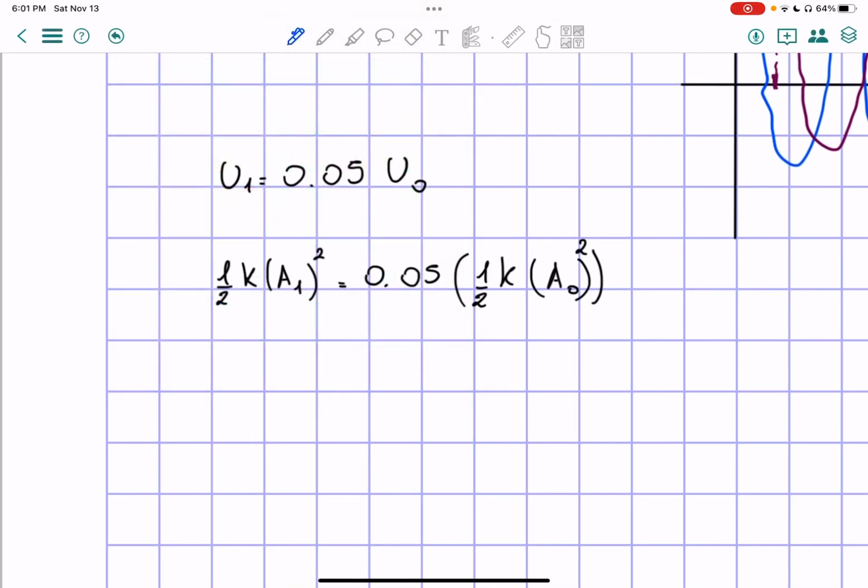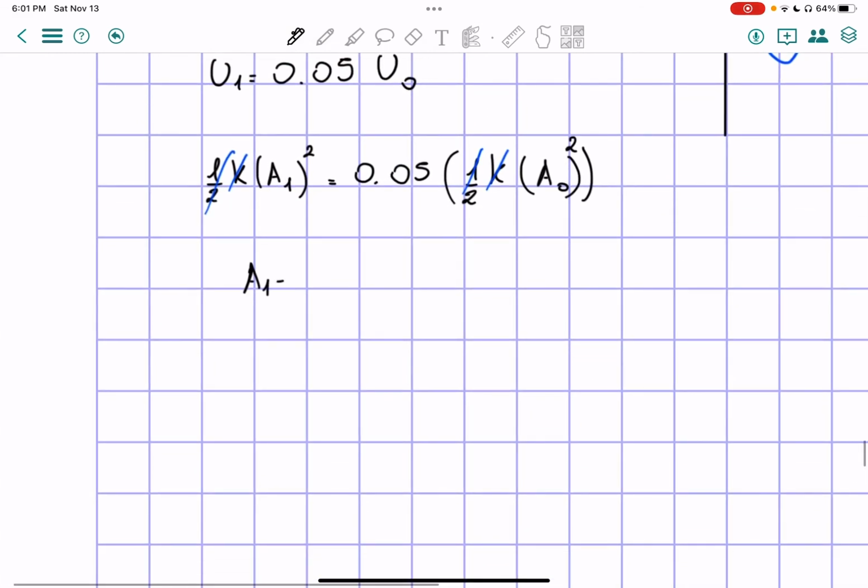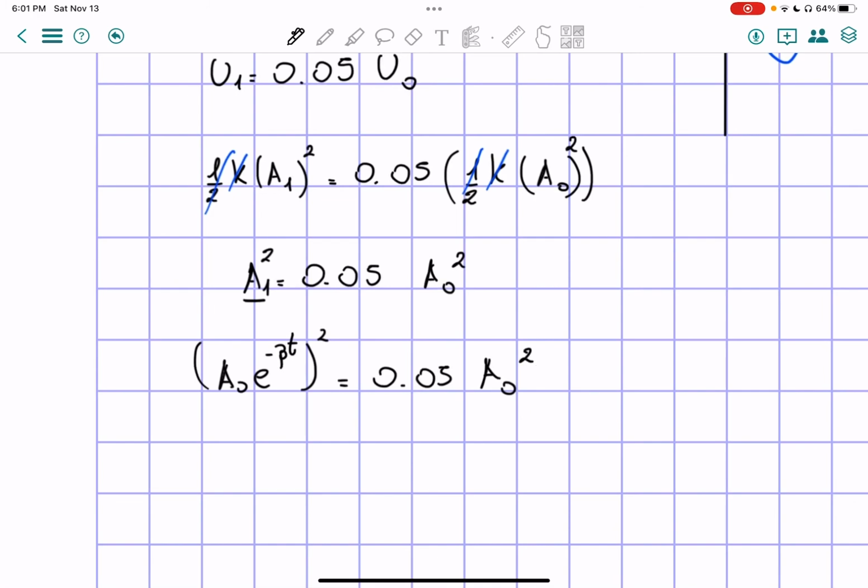Okay, so now we can cancel some stuff. We have 1/2 K and 1/2 K, and we're going to end up with A1 squared equal to 0.05 times A naught squared. So as you can see, it's pretty easy to realize now that this A1 is going to be equal to A naught e to the power of negative beta t, squared, equal to 0.05 A naught squared.